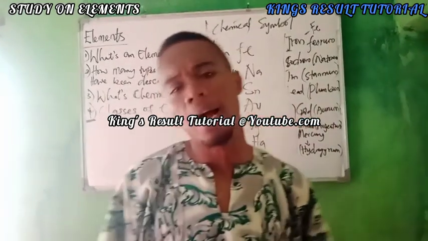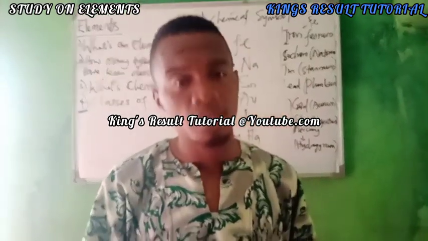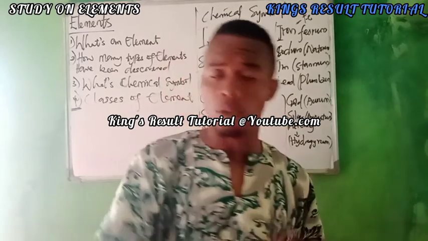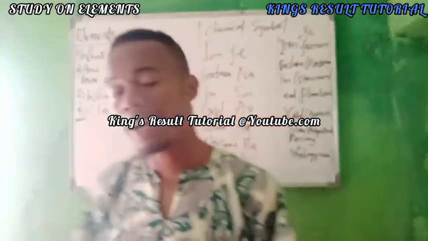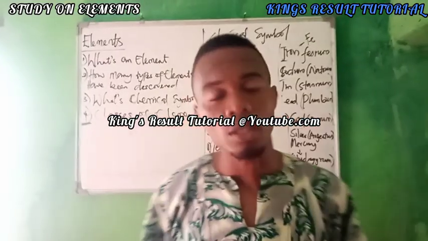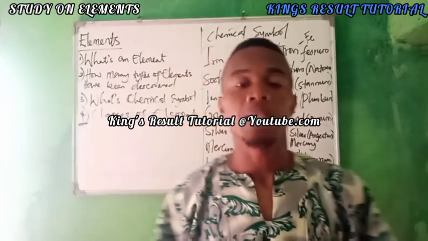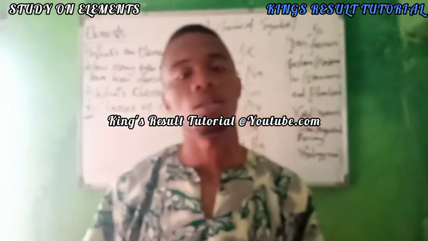Now, metalloids are elements that form an intermediate between non-metals and metals. Examples of these metalloids are silicon, and graphite and diamond in some cases, when impurities are added. So that is that. Now, what are the physical properties of metals and non-metals?